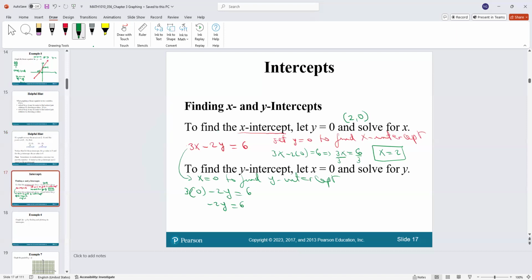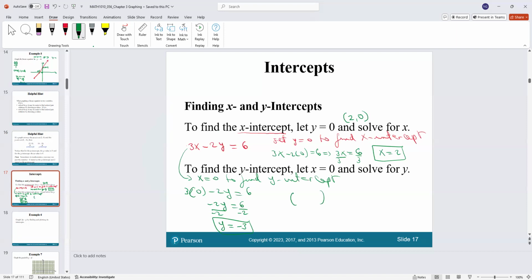So divide both sides by negative 2, because you cannot say negative y. So you have y equals negative 3. So this is the y-intercept. You can always say y equals negative 3 is a y-intercept, but it's the intercept with the y-axis. It's on the y-axis, or you can write it in terms of an ordered pair.